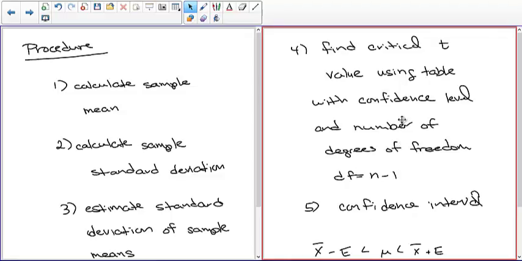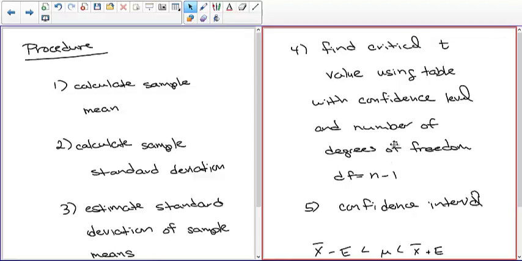I'm not sure how he came up with the table or the graph that plotted t-score versus area, but somebody did. And it turns out the critical t-score, instead of being 1.96, is based on the confidence level and the number of degrees of freedom.